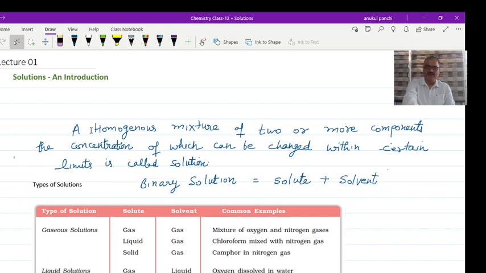In your 11th class, you have learned that mixtures are of two types, homogeneous and heterogeneous.